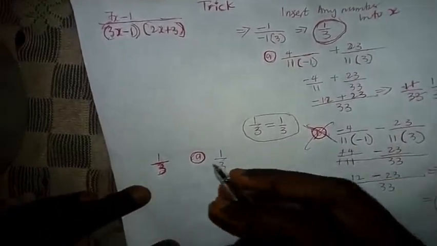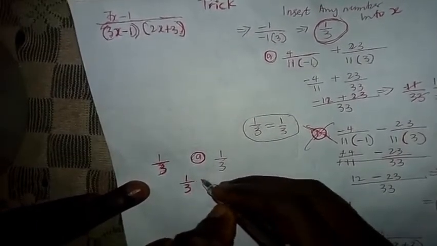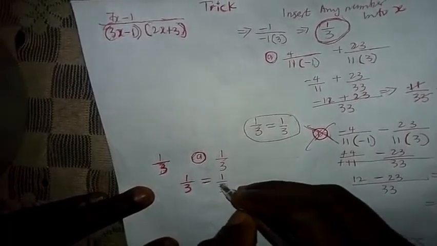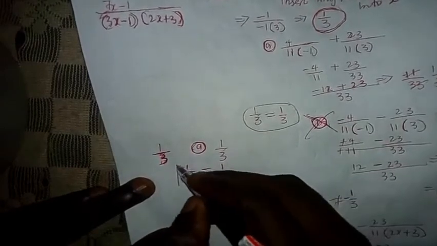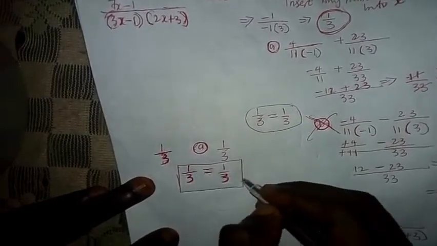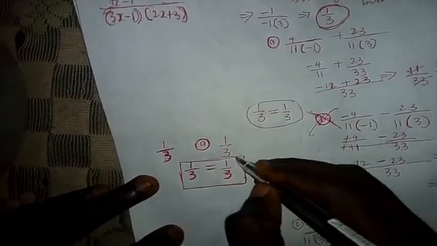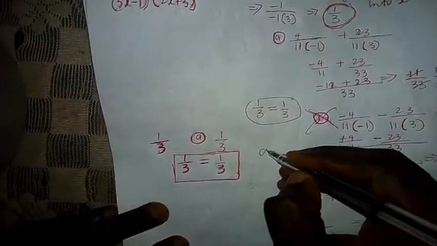So any option that has the same thing as what the question gives to you after inserting any number is what you are going to use as your answer. So option A is the correct one.